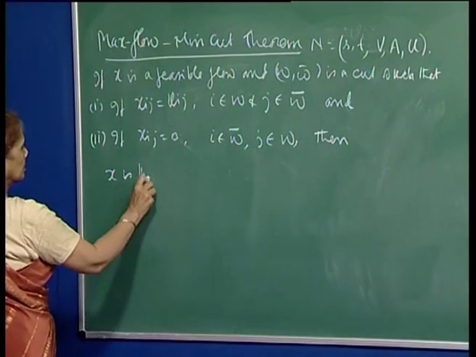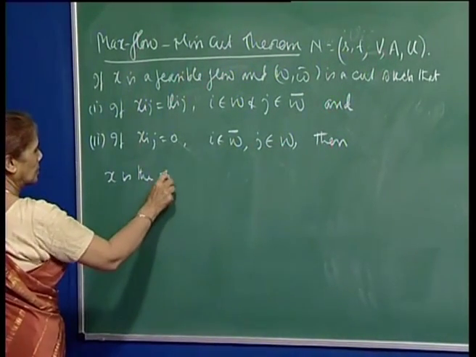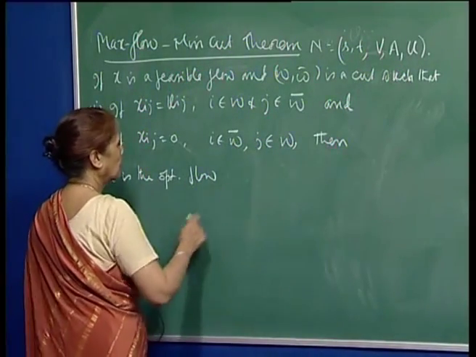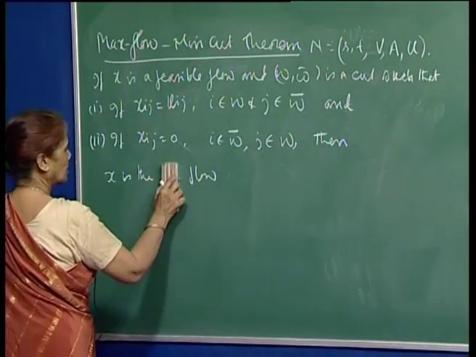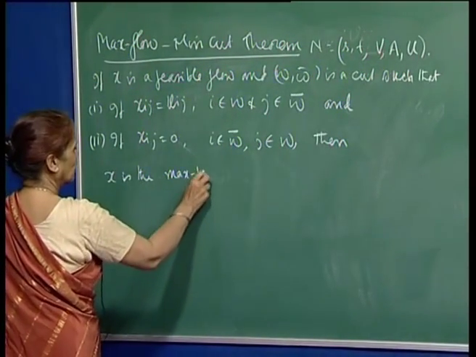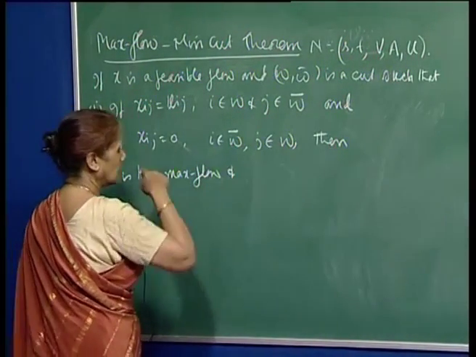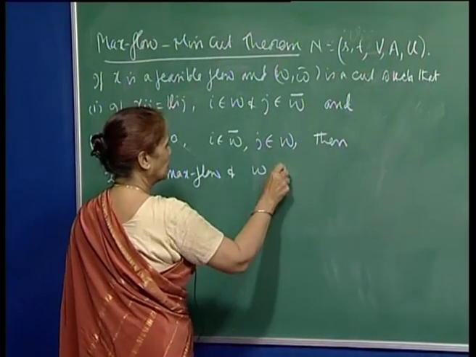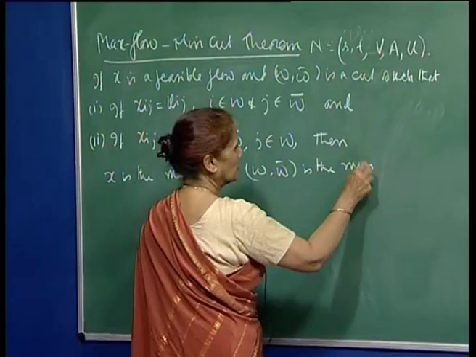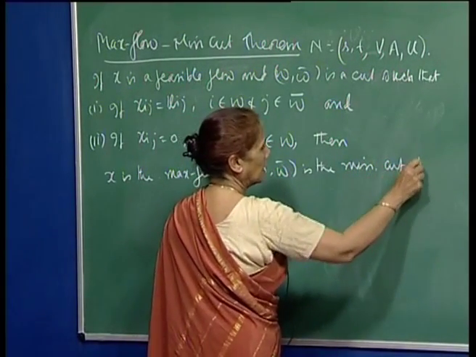If this holds, then X is the optimal flow, or max flow, I should say, and W bar is the min cut.